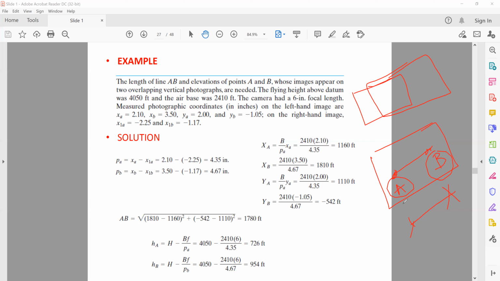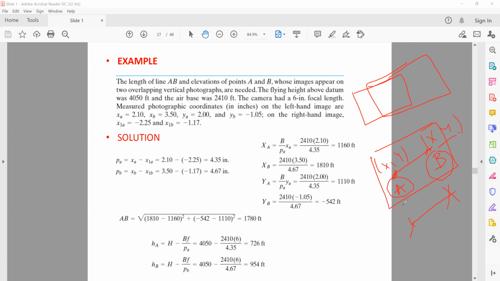So we would calculate one, the parallax for the point A, and second, the parallax for the point B. Once we have these two parallax values, we can calculate the heights of point A and the point B, and then we can calculate the ground coordinate x and y for point A and the ground coordinate x and y for the point B. Now, once we have the ground coordinates xy for A and xy for B, you can calculate the distance between AB using the distance equation, which is x2 minus x1 squared plus y2 minus y1 squared under root. So that would give you the distance between the points AB.